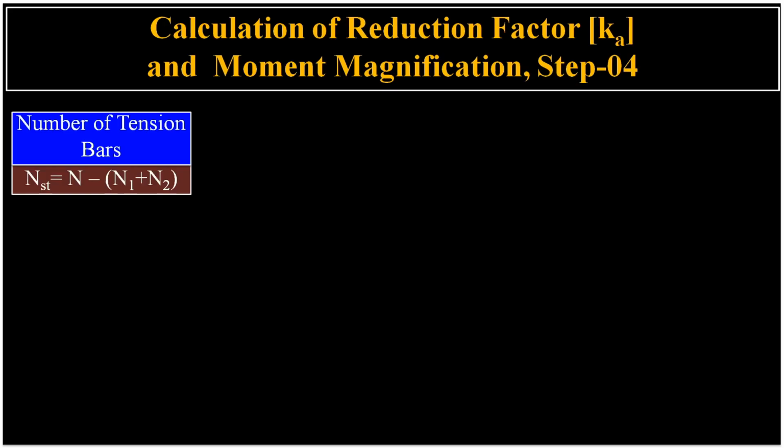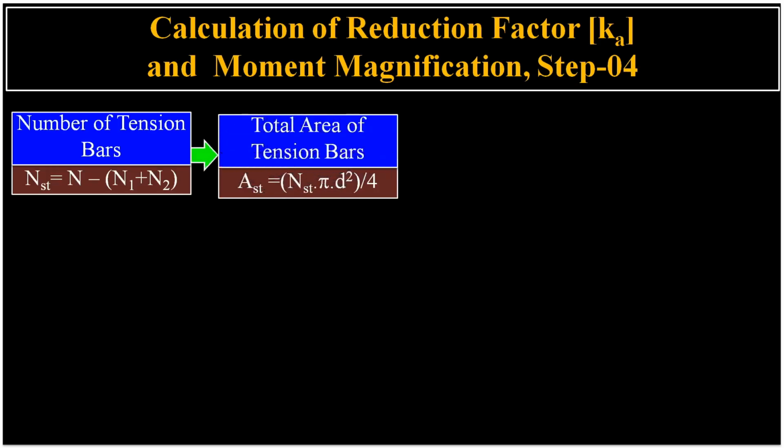So the rest of the bars will be tension bars. If the total number of bars is N, then the number of tension bars, NST, equals N minus N1 plus N2.